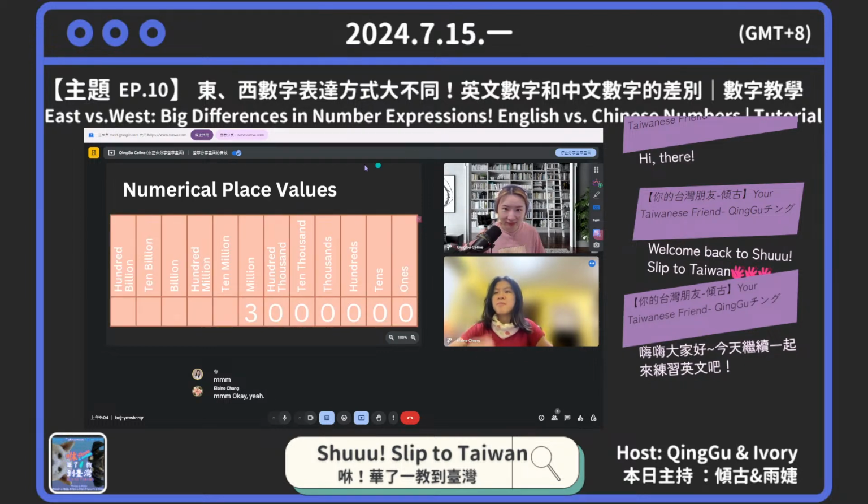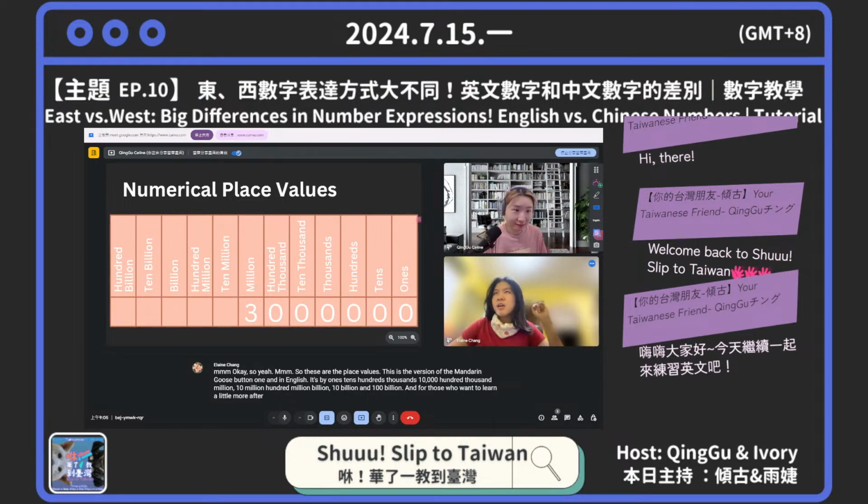Okay, 下一页. So these are the place values. This is the version of the Mandarin 个十百千万. And in English, it's ones, tens, hundreds, thousands, 10,000, 100,000, million, 10 million, 100 million, billion, 10 billion, and 100 billion. And for those who want to learn a little more after 100 billion, it's a trillion. So a little extra info.